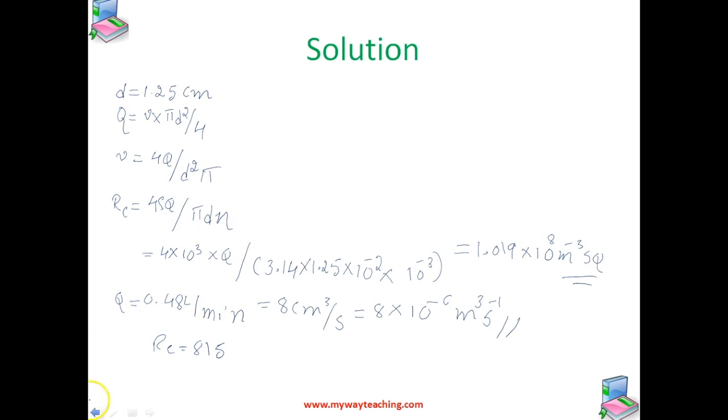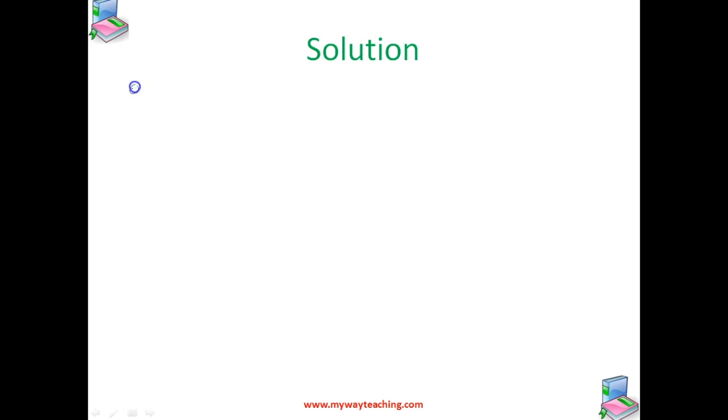So when we consider Q is equal to 3 L per minute, it is given as 50 centimeter cube per second, that is given by 50 into 10 raised to minus 6 meter cube per second.